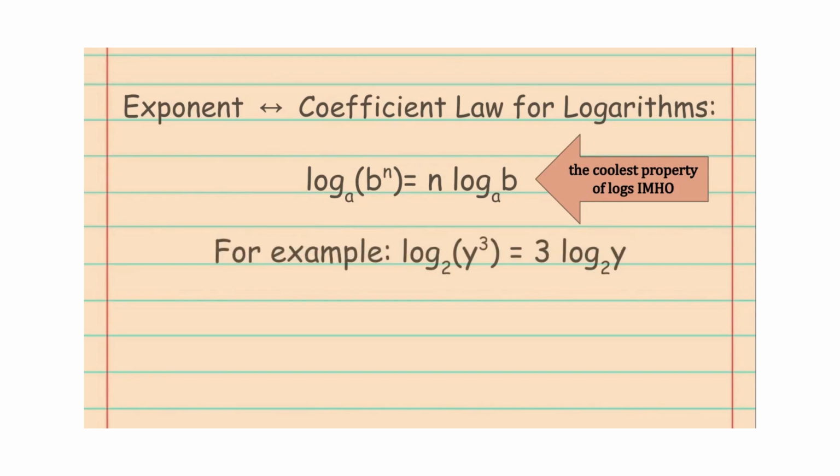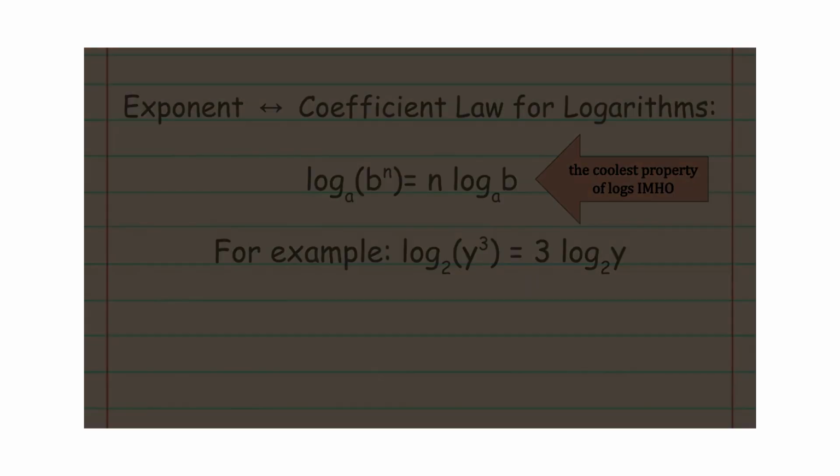For example, log base 2 of y cubed equals 3 log base 2 of y. Notice, whatever my exponent is, that becomes a coefficient. And if I started with the right-hand side, this coefficient outside of the logarithm could become an exponent inside the logarithm.